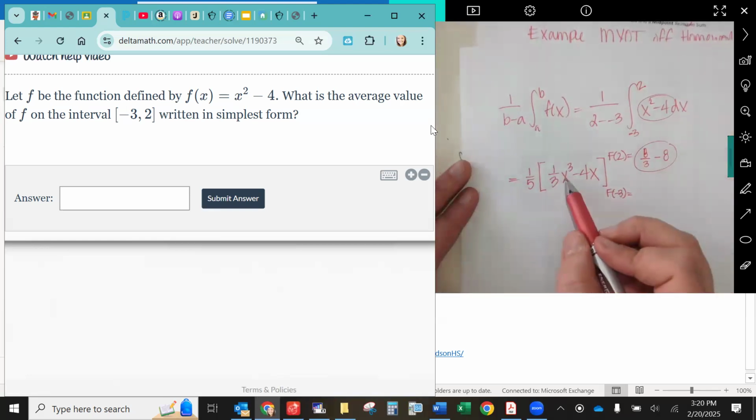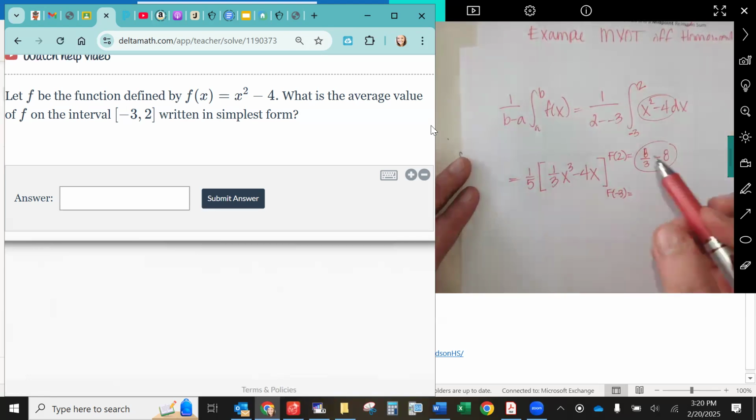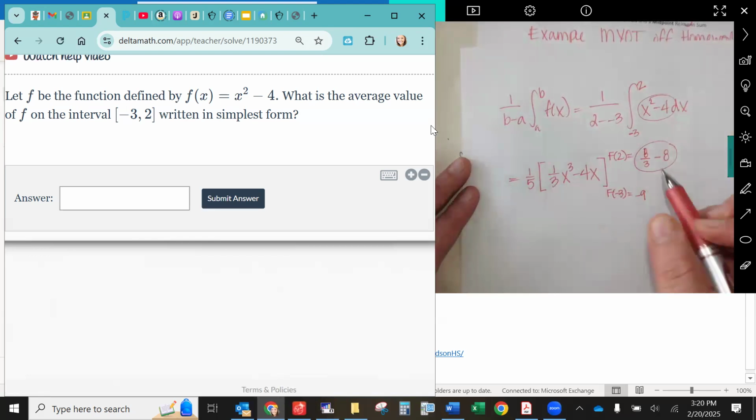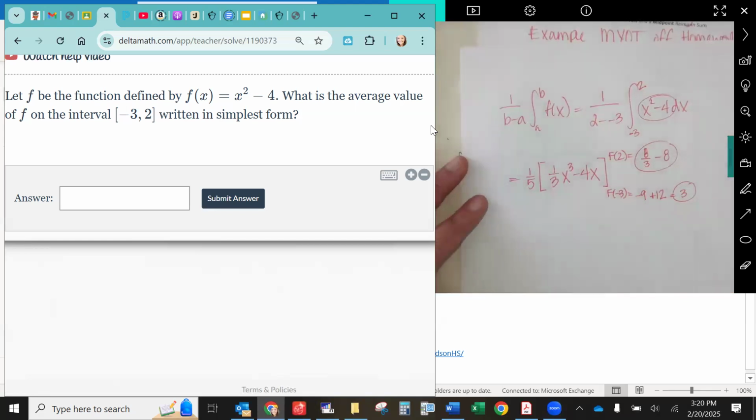So then for -3 cubed would be -27, and then divided by 3, it'd be a -9. -3 times -4 would be a +12, right? And then -9 plus 12, that would give us 3. Okay, then from there, you're doing this minus that. So what is minus the whole numbers part? What is -8 minus 3?